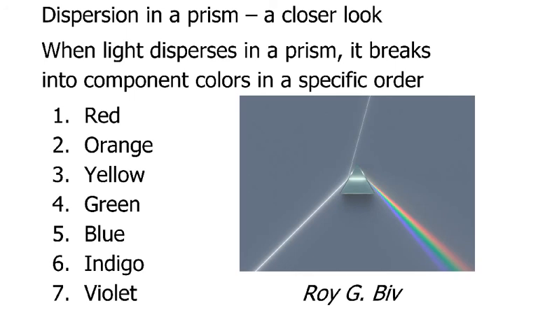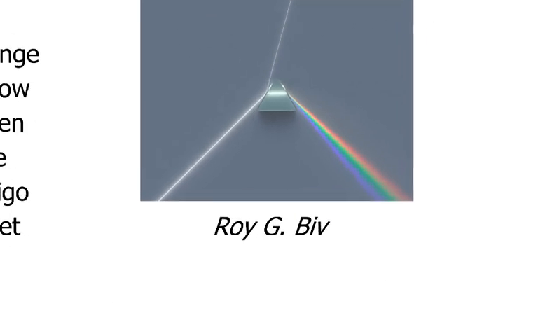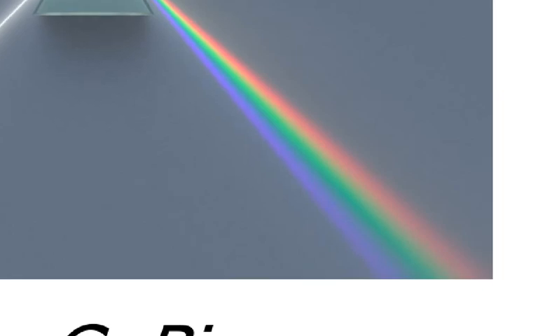So red bends the least, violet bends the most, and that's why it splits up in exactly this way, starting with red. You can see the colors there. Red, orange in there, yellow, green, there's the blue, indigo is right in this region, and there's violet.